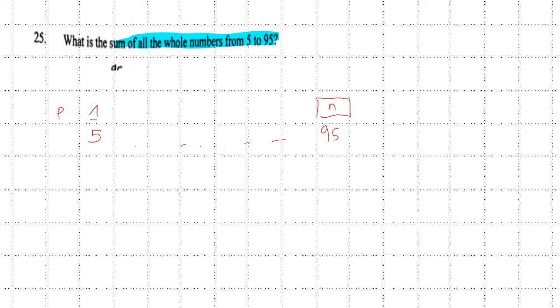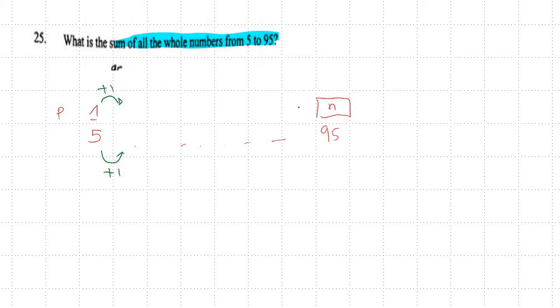We first again see what the jump is. Every jump is plus 1, because from number 5, then it's number 6, and so on. Here everything is plus 1, and likewise here everything is plus 1 also.